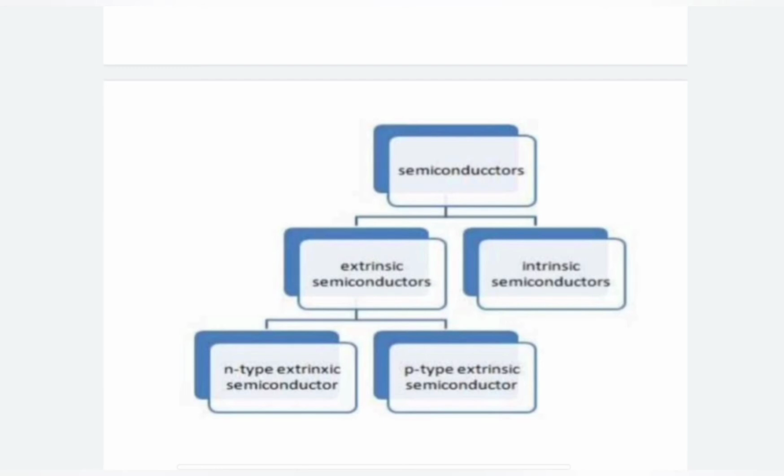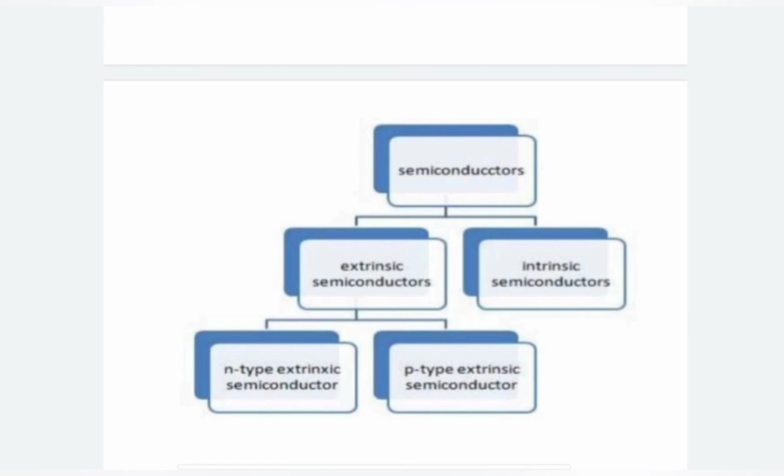Suppose in an atom or a particle there are many charge carriers; based on their number, one type will be in the majority and the other in the minority. In the same way we can define majority and minority charge carriers.